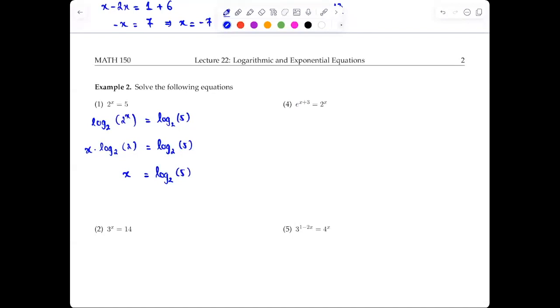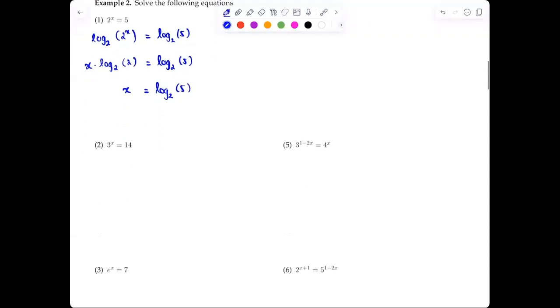Now, another approach is that you can technically apply to all of the problems that you take ln on both sides of the equation, regardless of the bases that you see. Cool? Because it's convenient to use ln. It's easy to memorize. It's easy to use a calculator on. So that's another approach that you can use.